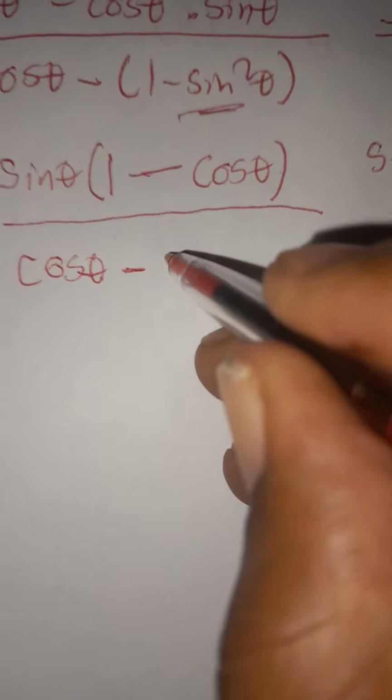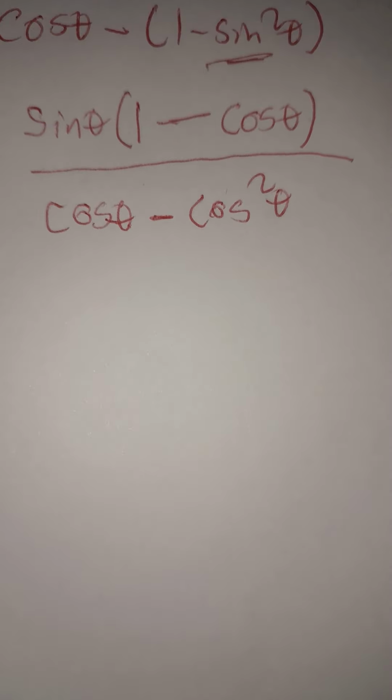So what we can do, we can make cos squared theta the subject: cos squared theta is equal to 1 minus sine squared theta. So where we see 1 minus sine squared theta, we'll replace it with cos squared theta, right? So in this case, we are going to have cos squared theta.